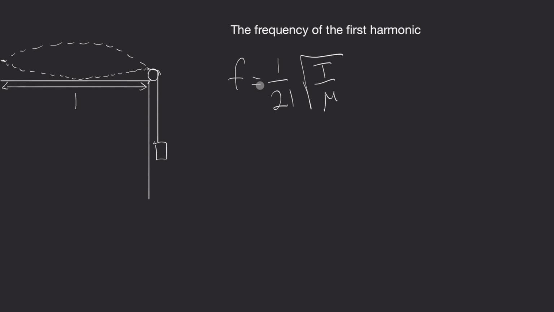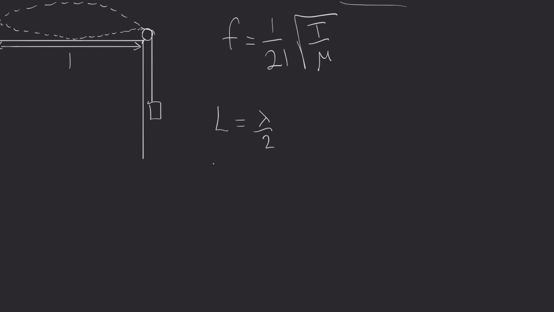Well, if we have the first harmonic, notice how in the length L we can only have half a wavelength. You can think of this as 2 nodes, so from here to here is half a wavelength. Well, this would mean that the wavelength will just be equal to 2L. But now remember that V, the wave speed, is equal to the frequency multiplied by the wavelength.